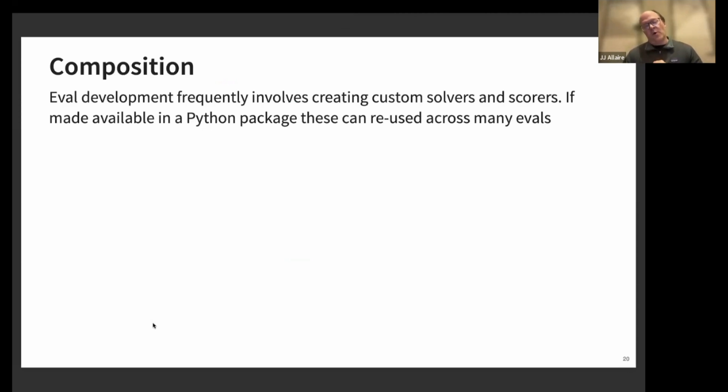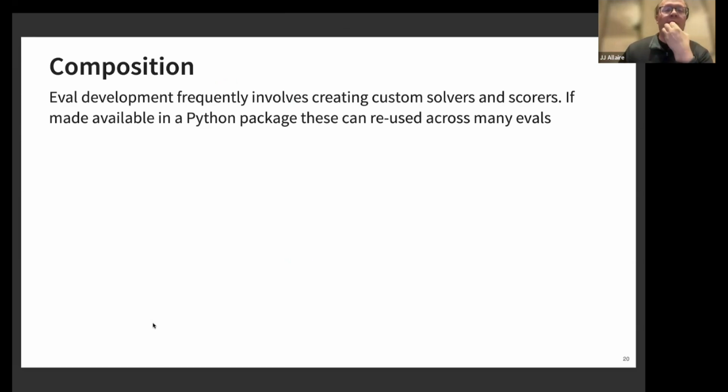composition. One of the ideas behind Inspect is that people will write a bunch of Python packages that have scorers and solvers, and that you'll be able to mix and match those. So the idea is there are lots of external components that you can just plug in.